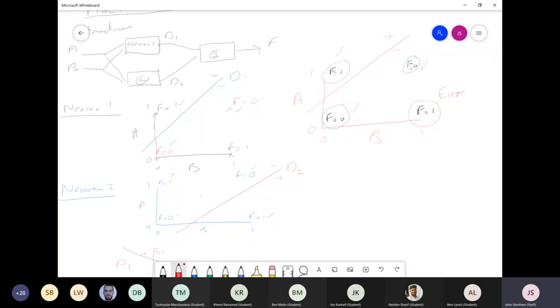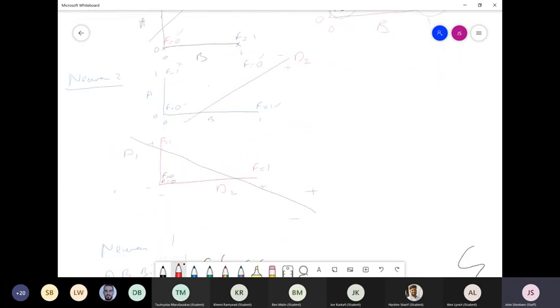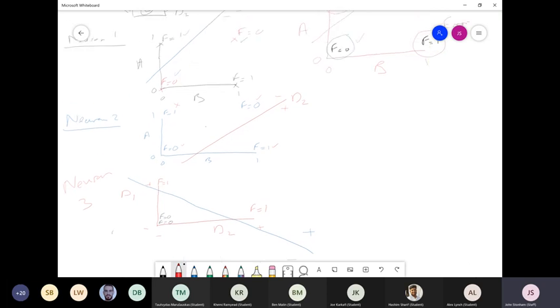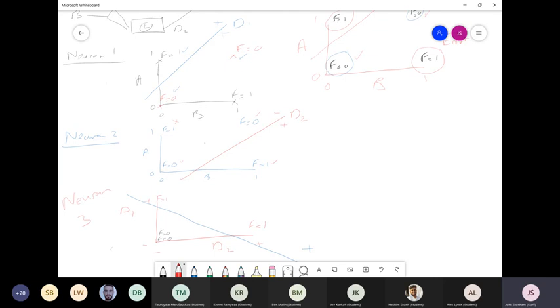Now, in our structure, those two neurons are transferring A and B, and we get D1 and D2 outputs going into a third neuron. Now, take the decisions from neuron 1 and neuron 2 and plot them for neuron 3. And I'm describing the dimensions as plus or minus. If I were to put a threshold on it, it would be 0 and 1. So it's still binary. Now, having a look, the F equals 1 pattern, which is A is 1 and B is 0, is on the plus side of D1, and it is on the minus side of D2.